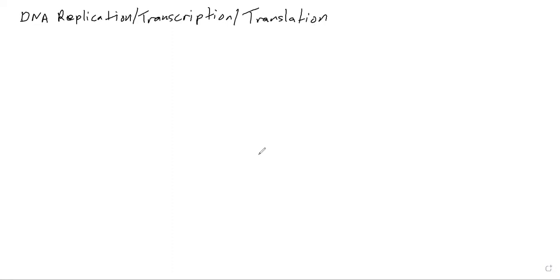All right, so let's see what we remember from these three processes. First, when we're dealing with DNA, let's compare DNA and RNA. DNA versus RNA.